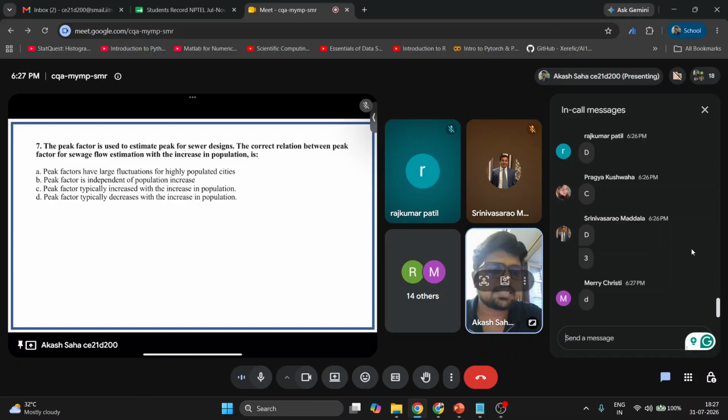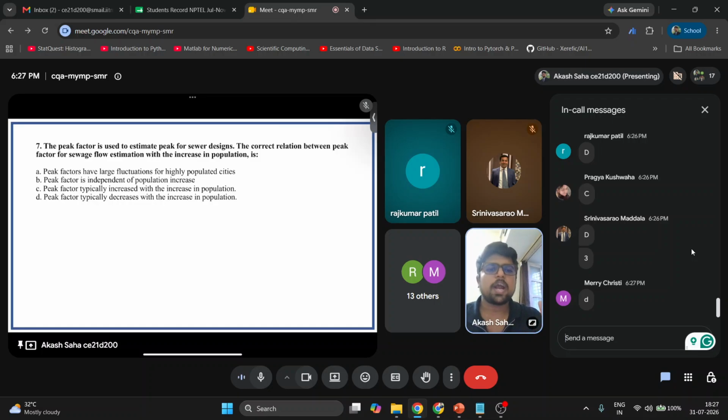So I'm getting mixed answers. You are basically confused between C and D. So let's think in a way that suppose in a place there are only two people living and in a place there are 100 people living.